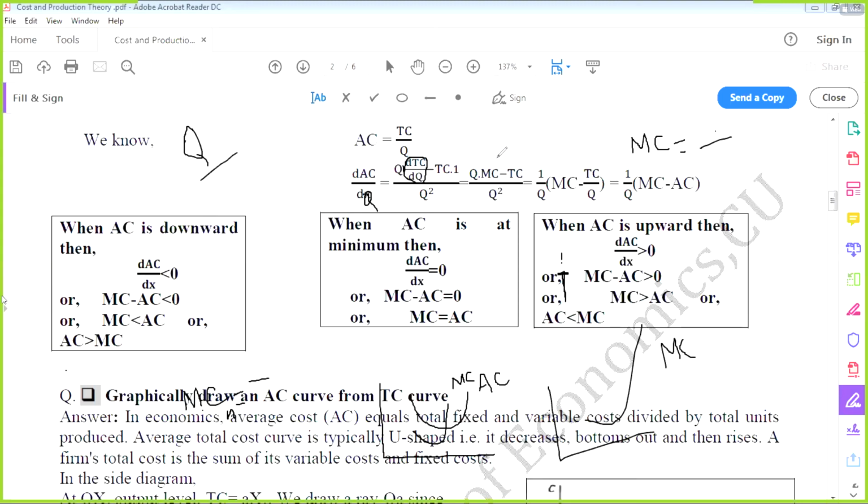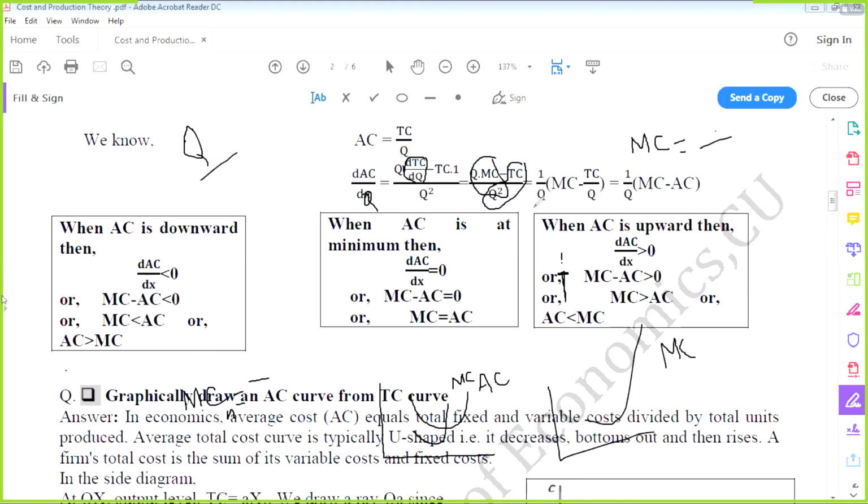Now we are simplifying. This one minus this one. And again, we have taken 1 by Q in common. So Q by Q squared goes, there is 1 by Q, MC by Q. If I take 1 by Q in common, there is MC.